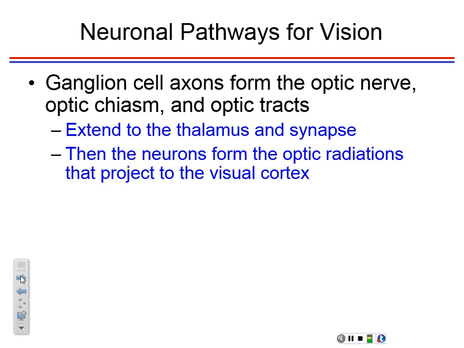Any nerve fibers in the brain are called tracts, just like cell bodies in the brain are nuclei, and cell bodies outside the central nervous system are ganglia.